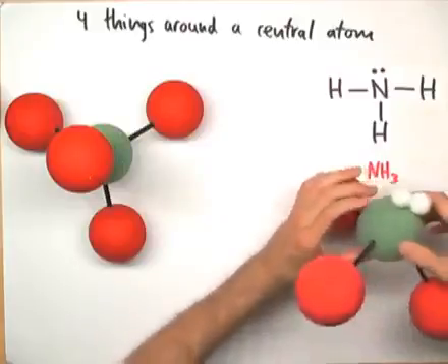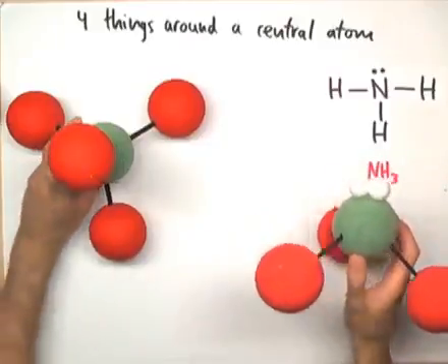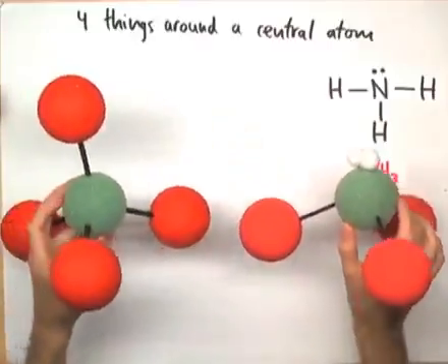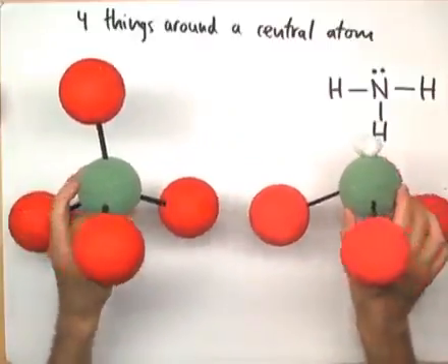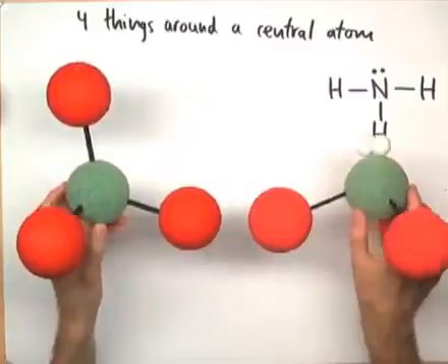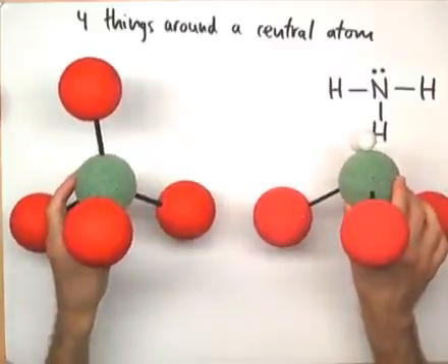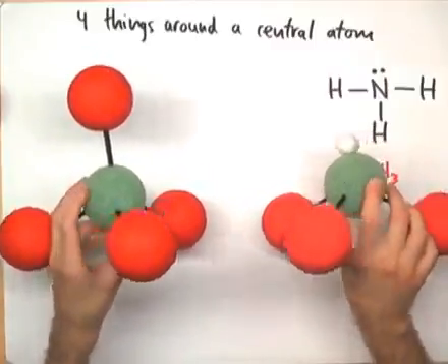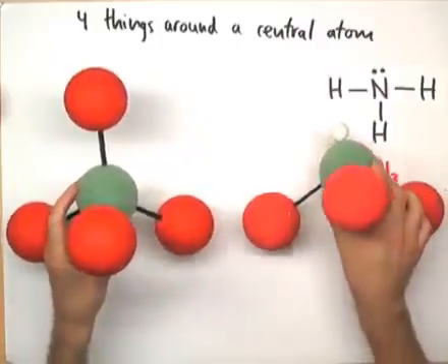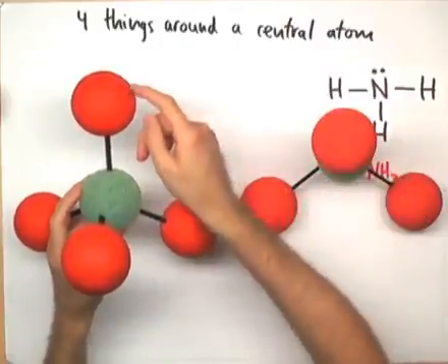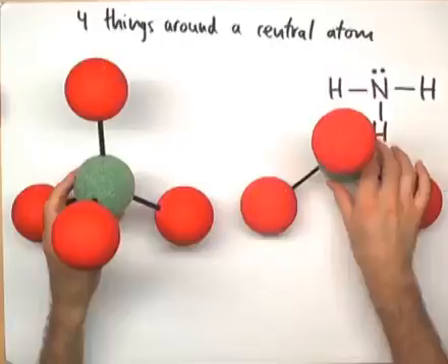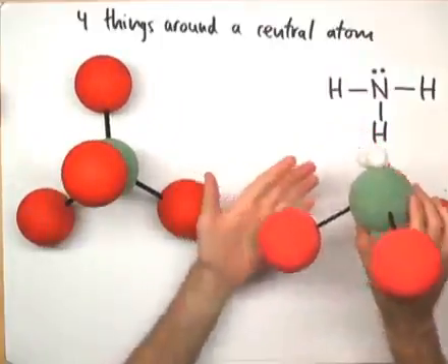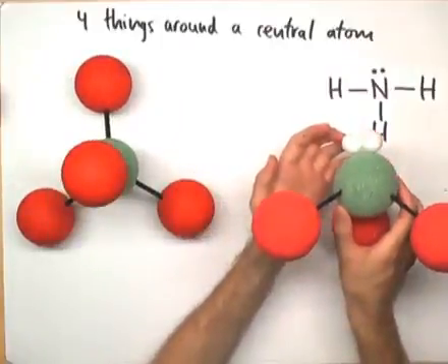So NH3 is going to end up having this shape, which is called a trigonal pyramidal shape. Look at how similar it is to the tetrahedral shape. I'm sort of showing them on their sides here. It's just that the atom that was up here when we had 4 atoms around the central atom has been replaced by an unshared electron pair here.